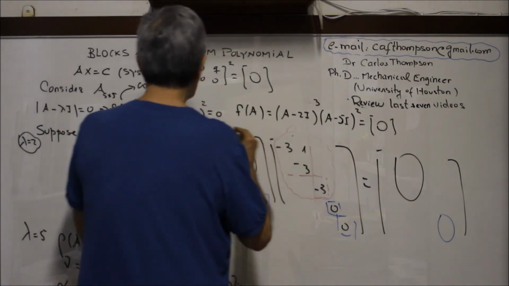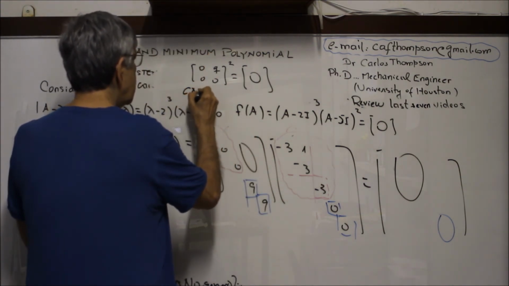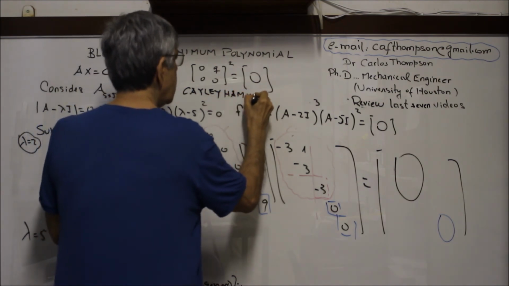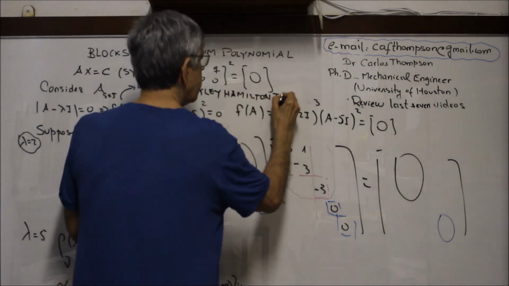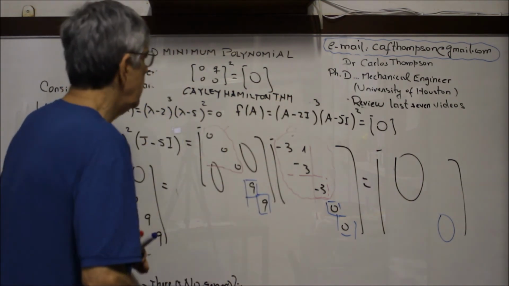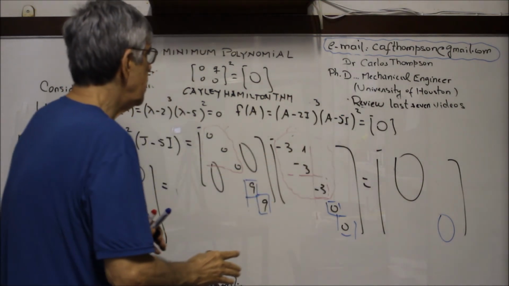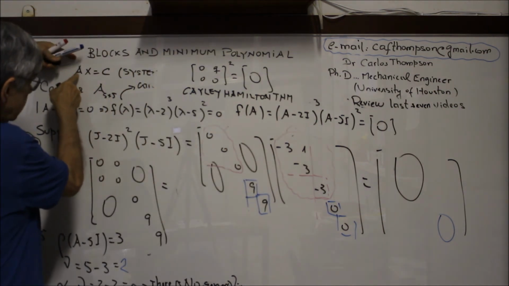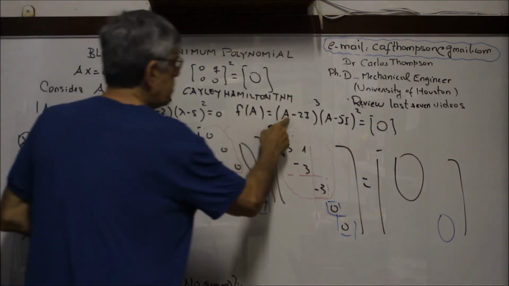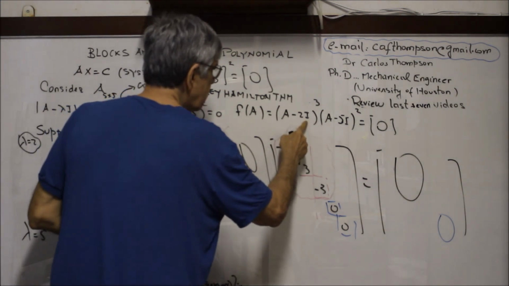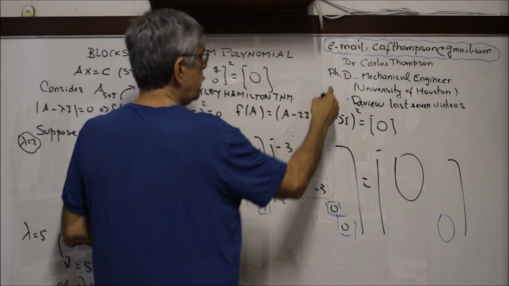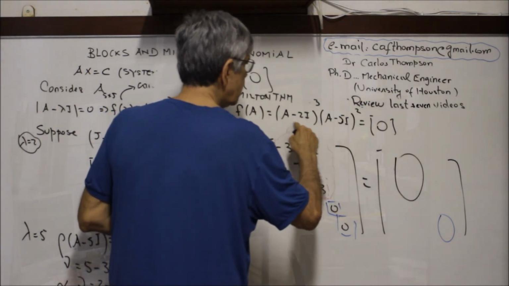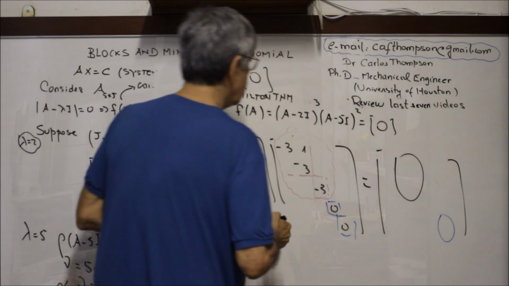This is the Cayley-Hamilton theorem. This always happens. If you get the matrix A from here, a minus 2i to the power 3 times a minus 5i to the power 2 is always equal to 0.